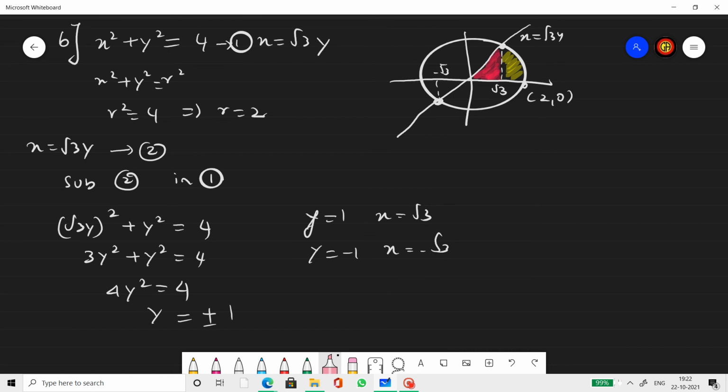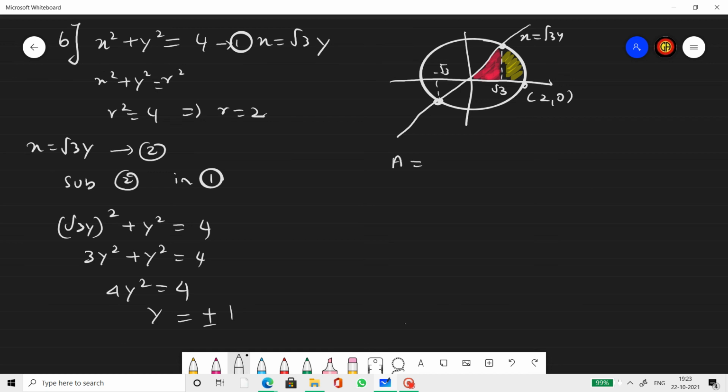So the region enclosed will be made by two shapes. One is part of a circle and one is part of a straight line. One looks like a triangle, the other looks like a sector. Okay, so now I'll tell you the area. Let me clear this.